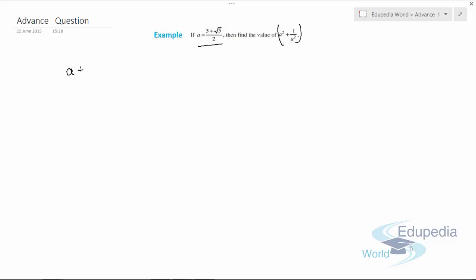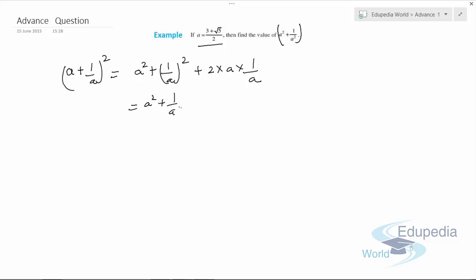We know that for a plus 1 by a whole square, we can apply the identity (a plus b) whole square, which is a square plus b square plus 2 into a into b. Here b is 1 by a. So what we get is a square plus 1 by a square plus 2, because this and this will get cancelled.